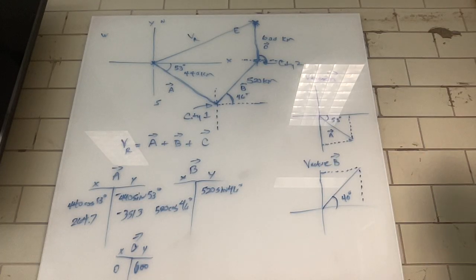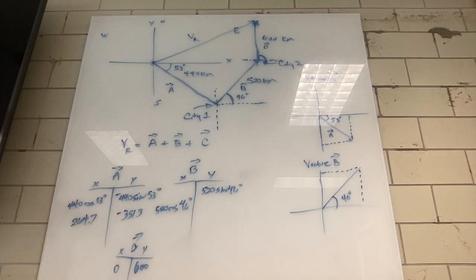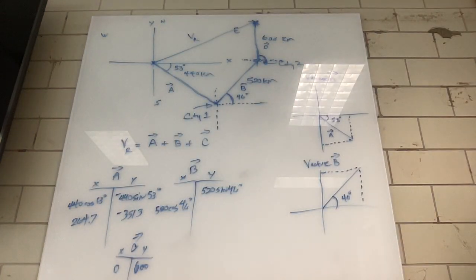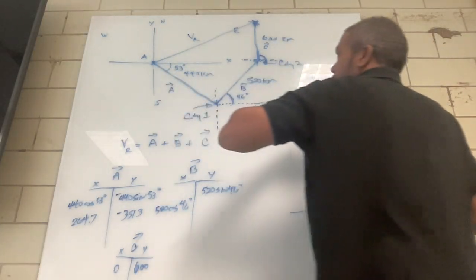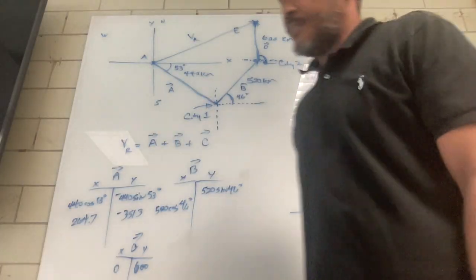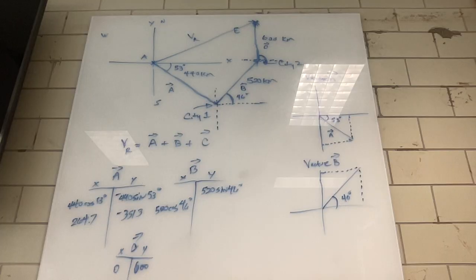And so on the exam, I might give you that problem in the form of a word problem, like I just explained it to you. Say we took a trip from destination A to destination D, but we didn't make it.